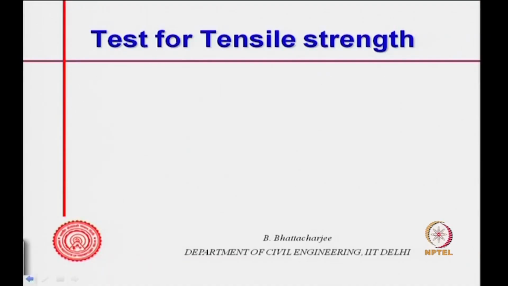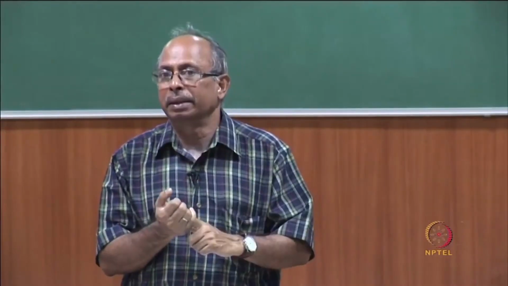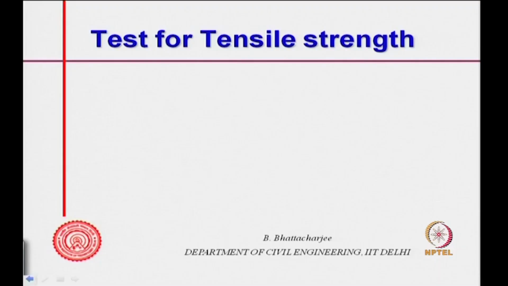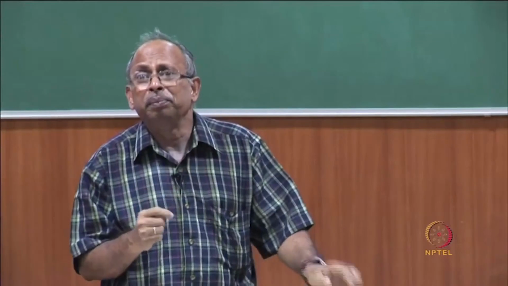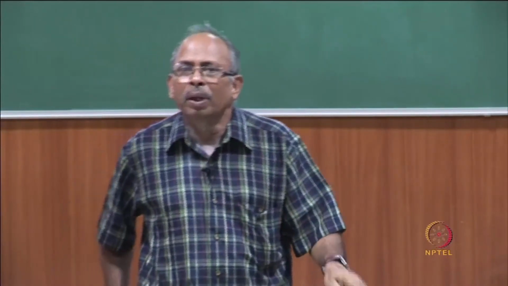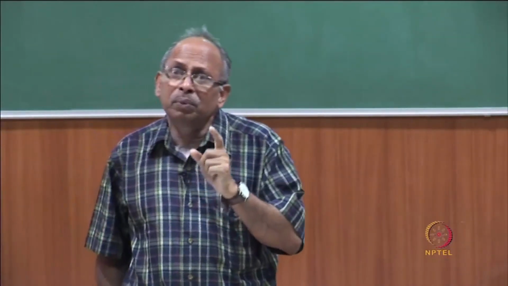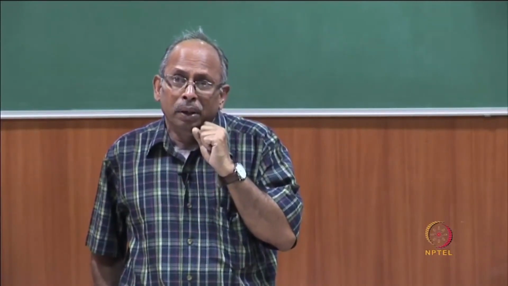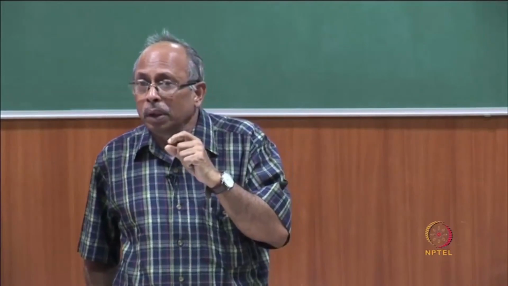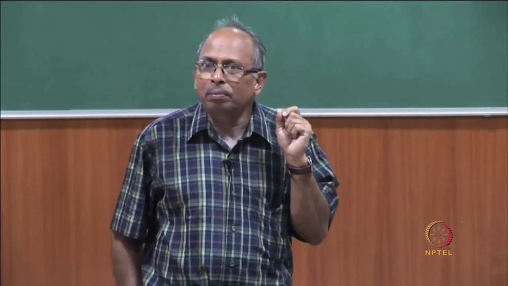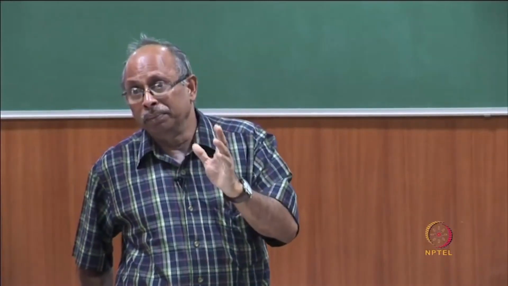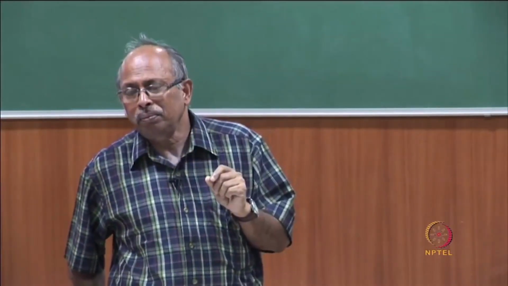So, what we have seen for the cube: first of all, the capping and size, the aspect ratio, I will say L by D or H by D. Then we have seen the rate of loading, moisture condition, and size of the specimen.